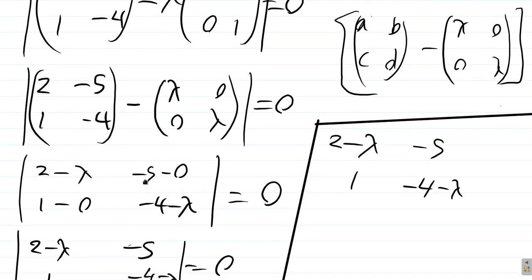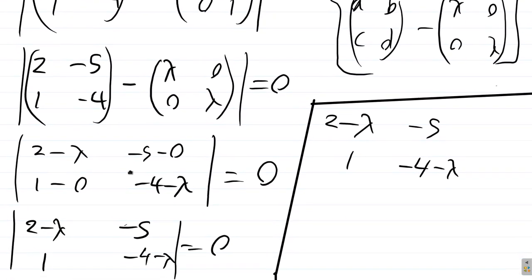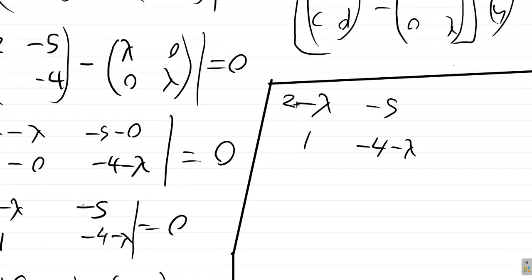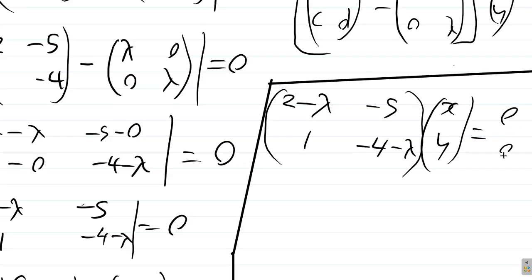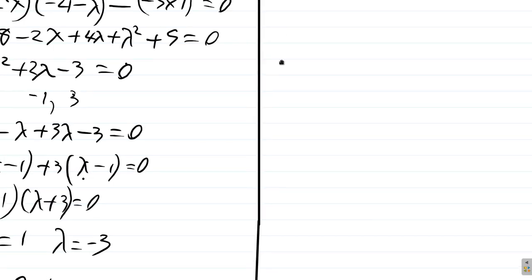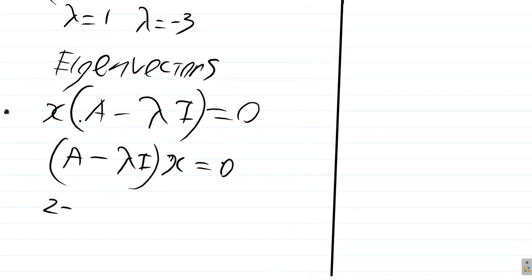And then you subtract them and you simplify right down to this. So this matrix times x, y equals 0, 0. Alright? Now, here, let me erase this 2 down here. We're not using it.